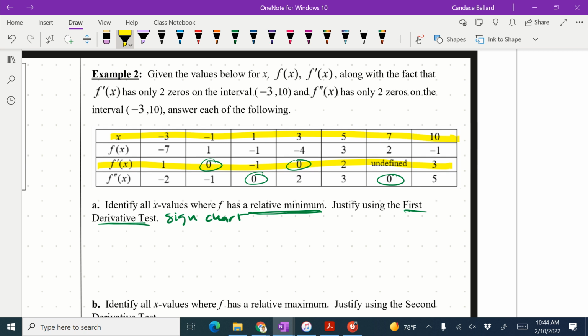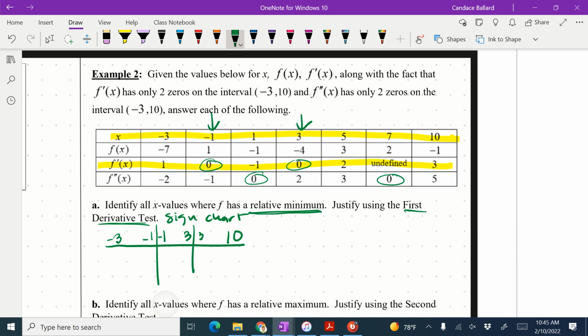I'm going to try to convert this into my version of a sign chart. It looks like my interval starts at -3. My fences are where there are zeros. So where's my first fence? -1. Good. Where's my second fence? 3. And then it ends at 10, right?